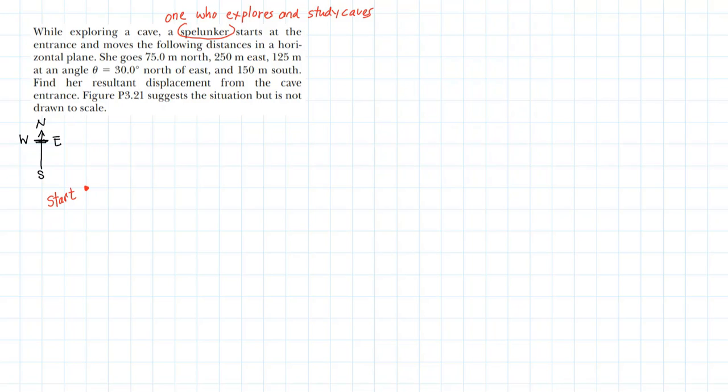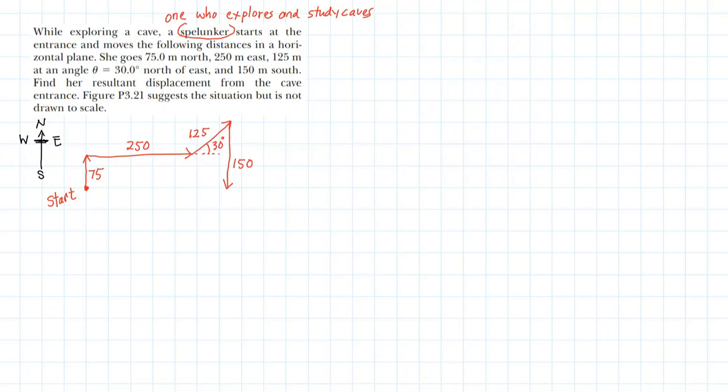She starts here, 75 meter north, 250 meter east, at an angle 30 degrees northeast, and 150 meters south. 75 north, 250 east, 125 at an angle of 30 degrees, here 30 degrees, and 150 meters south. So this is 150 meters south.